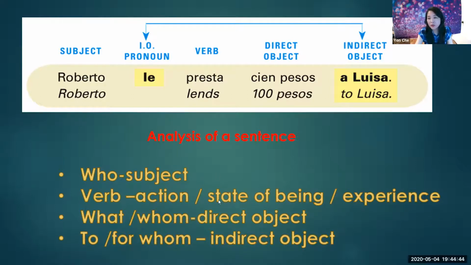Sometimes it's also used to describe a state of being or experience, especially with the verb to be, it would be more like a description, like I am tired, I am happy, etc. So those are some examples of state of being and experience, but mainly a verb is used to describe an action, what is happening.